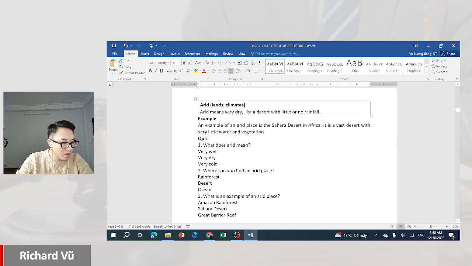So let's go to the next on our list, arid, arid land or arid climate. Arid means very dry, like a desert with little or no rainfall.